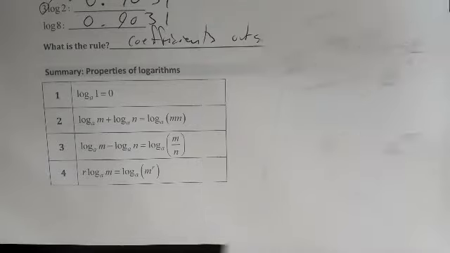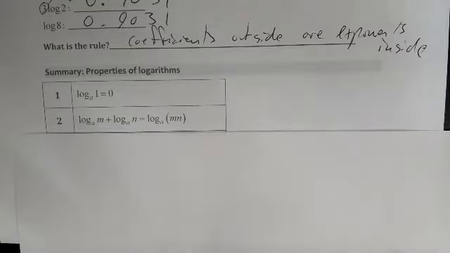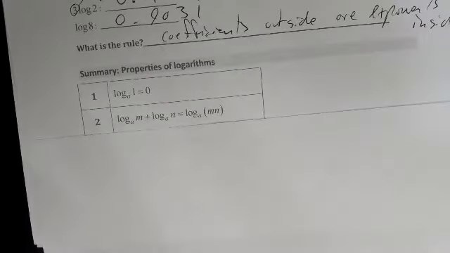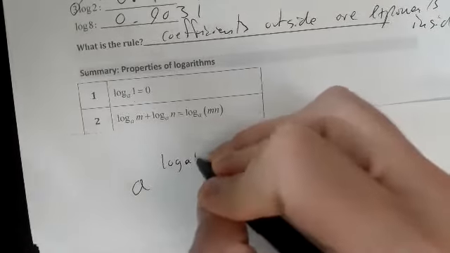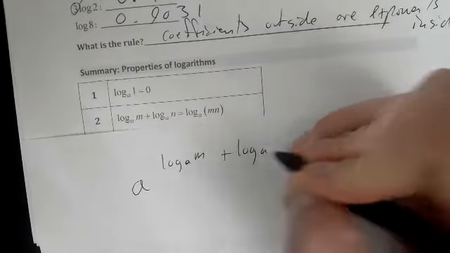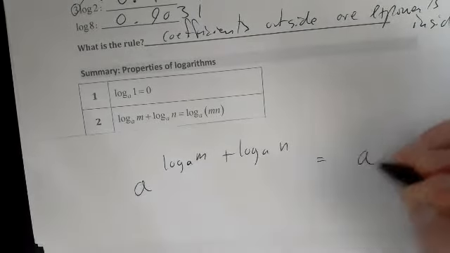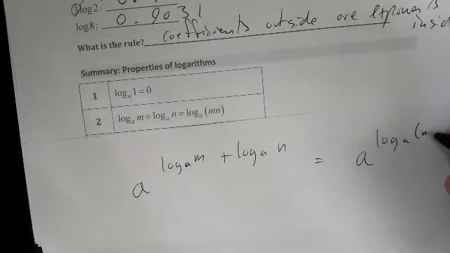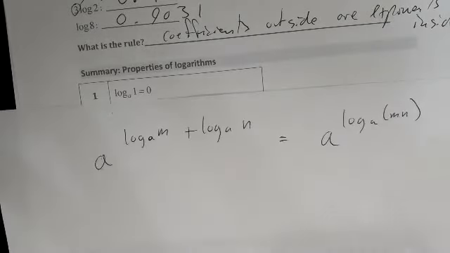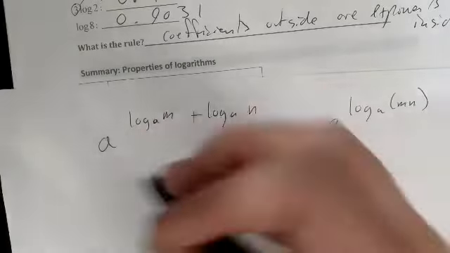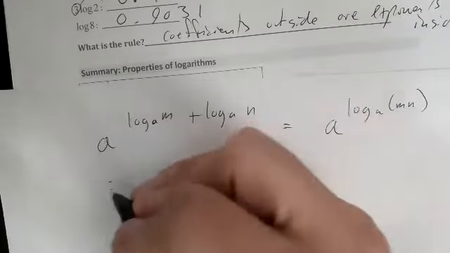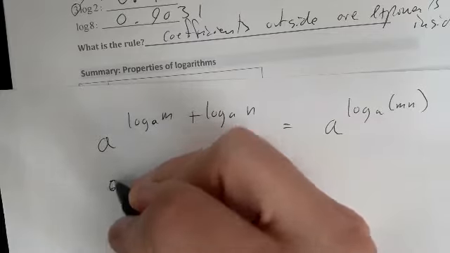Okay. These other properties, we've had these properties before, just maybe not in the way that you see them here. So if I think about a to the log base a of m, times a to the log base a of n, that is a to the log base a of mn. And so this is the property that says if we're adding exponents, another way I can rewrite this side over here is I have something that looks like a to the log base a of m.